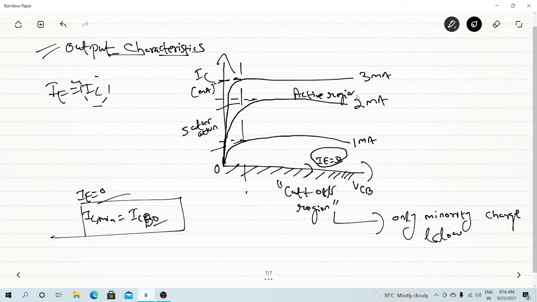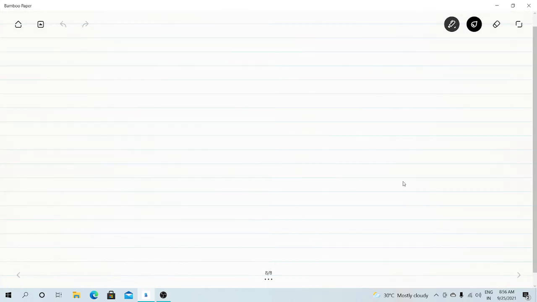So let us make a chart and try to remember. I am doing this for NPN, remember, because for NPN VCB is positive, as I told you earlier. I can draw a chart for all types of transistor. You can remember these three regions: active, cutoff and saturation.